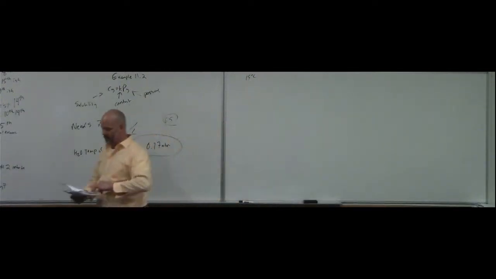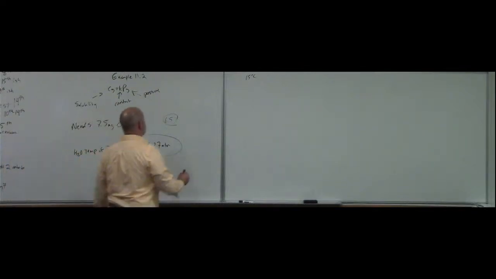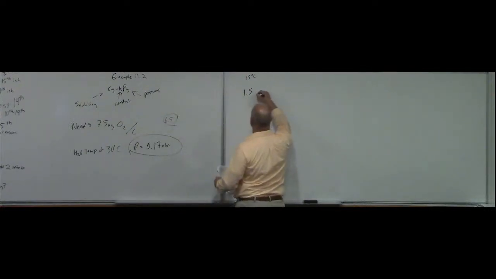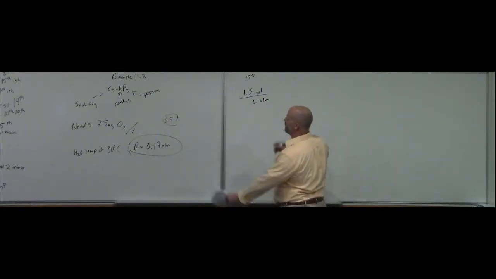So, you look at it at 15 degrees centigrade, and you're right about in the middle, so you get about 1.5. Right, so this is 1.5, what is this, moles per liter atmosphere, okay? So we have the same formula.